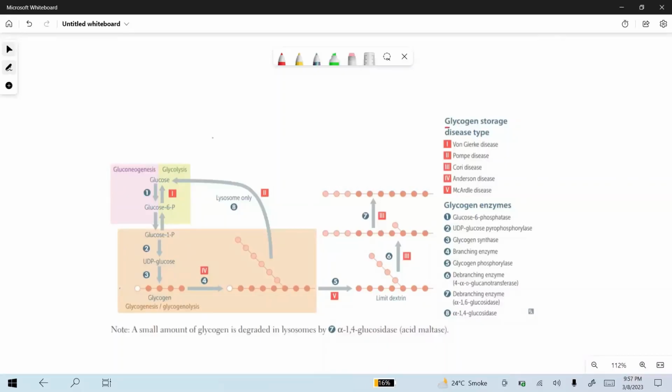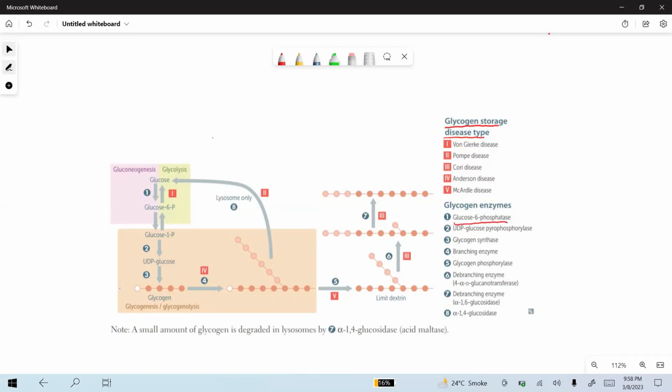Glycogen storage disease is basically a disease that occurs due to a deficiency in the enzymes involved in glycogen synthesis and metabolism. Glucose is converted to glucose 6 phosphate by the enzymes hexokinase and glucokinase, while glucose 6 phosphate is converted back to glucose by the enzyme glucose 6 phosphatase.